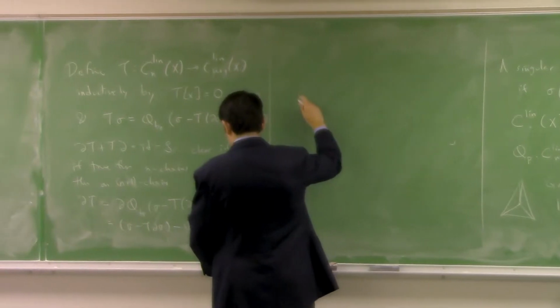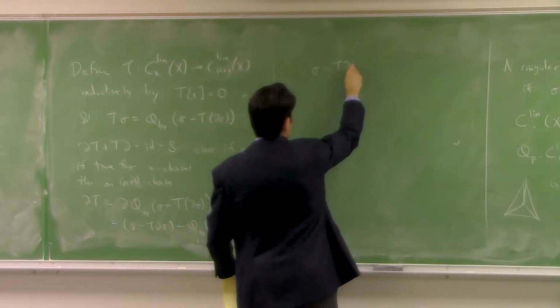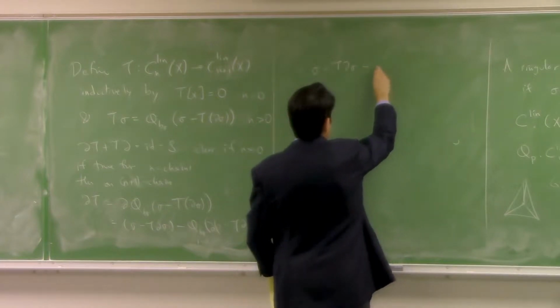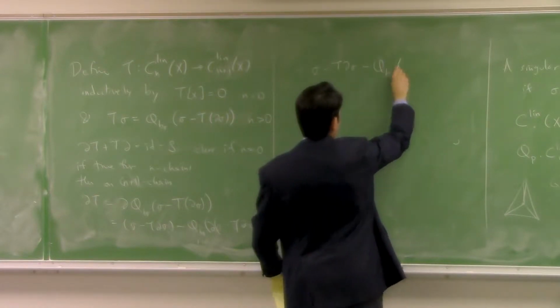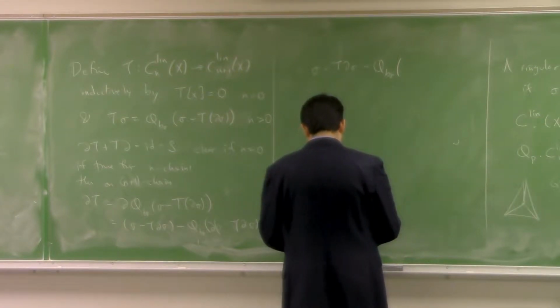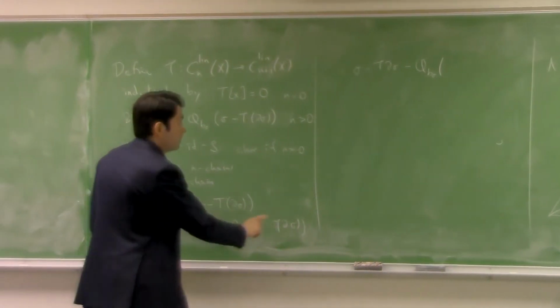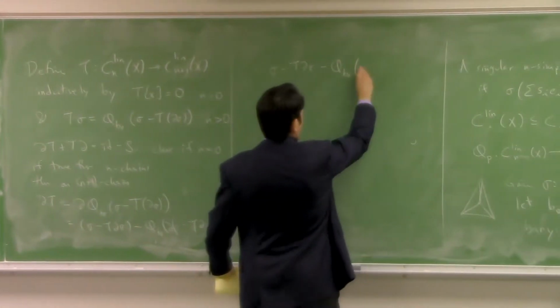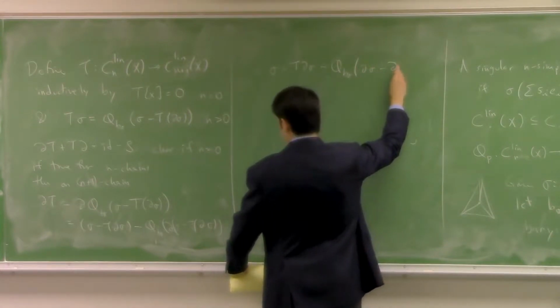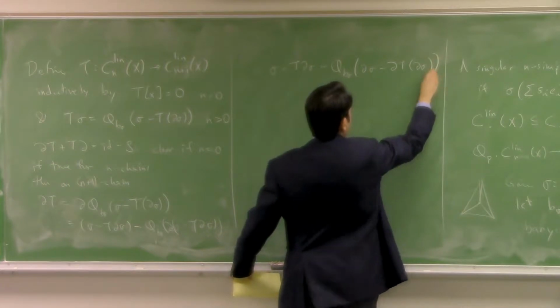Okay, so that's sigma minus T boundary sigma minus Q_B sigma. I want to write this as, well, let's write out minus boundary T applied to boundary sigma.